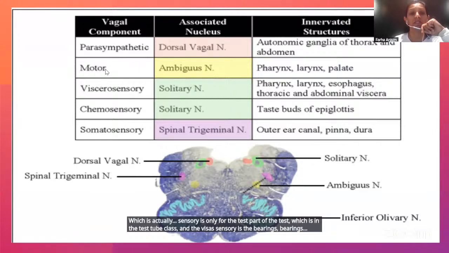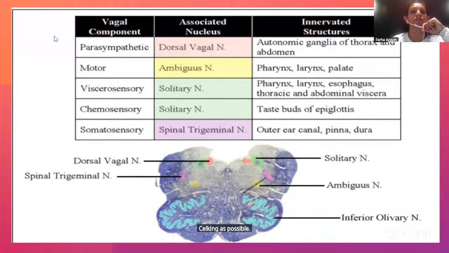And as we already know, the motor part is on the larynx and palate, which helps us with swallowing. Parasympathetic is the autonomic ganglia of the thorax and abdominal organs. And somatosensory is the outer ear canal, pinna, and the dura.